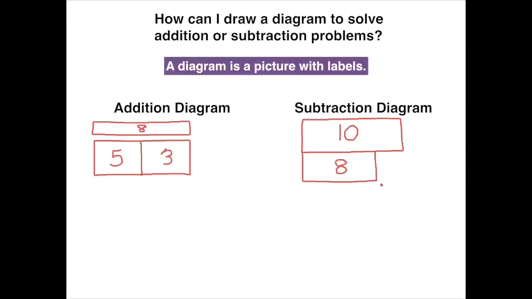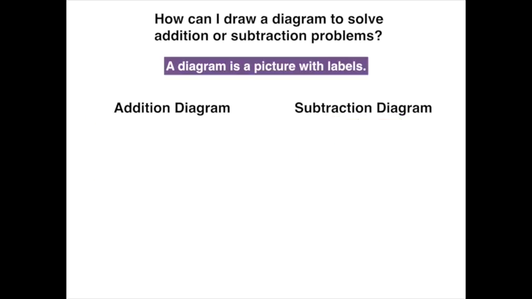And they always want you to find this right here. Okay, sorry, that's a really bad dot. They want to find that missing piece. Okay, alrighty. So those are examples of what an addition diagram and a subtraction diagram would look like.